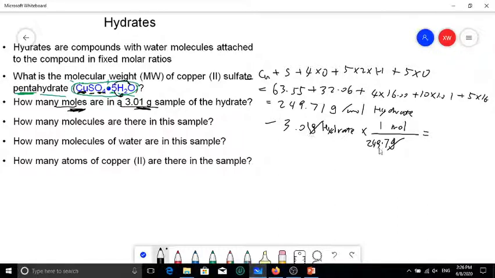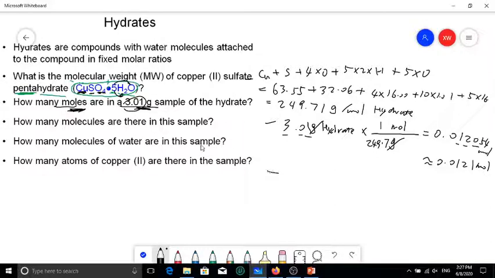So 3.01 divided by 249.71. You can imagine this is going to be a relatively small number, which is 0.01205 mole. Of course, you need to look at the original number, 3.01, which has 3 sig figs, so you should only keep 3 sig figs. These 2 zeros are not significant, so you keep 1, 2, 0. The answer is 0.0121 mole.